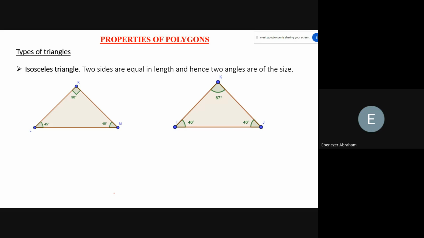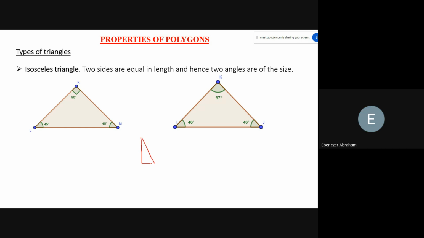The others people mention, you find them to be subsets. Like people will mention this one, right angle triangle. Exactly so. Because a right angle triangle can be an isosceles. Are you okay? It can't be equilateral, but it can be scalene. Okay.